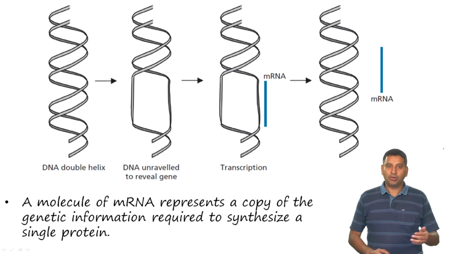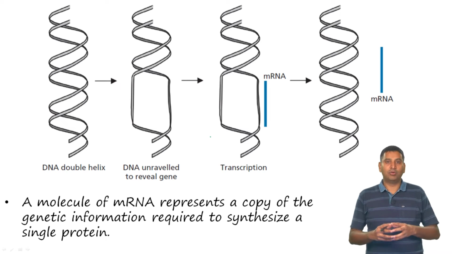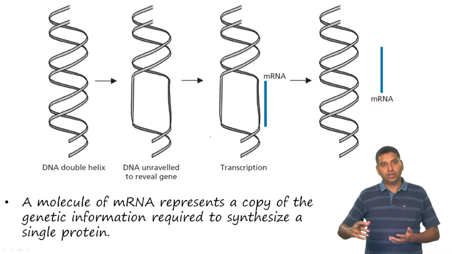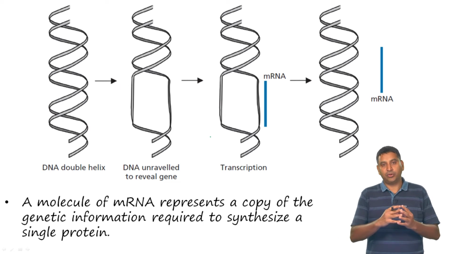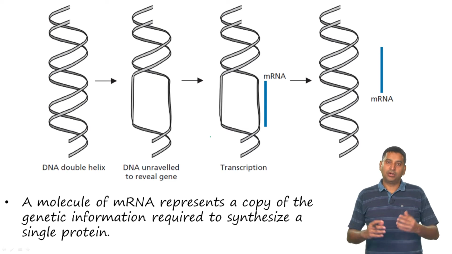Now let us look at how the transcription process takes place. In the previous lecture, we looked at how DNA exists as a double helix, and when the information from the DNA needs to be transferred to another DNA during cell division, we looked at how another template is formed and DNA is synthesized.